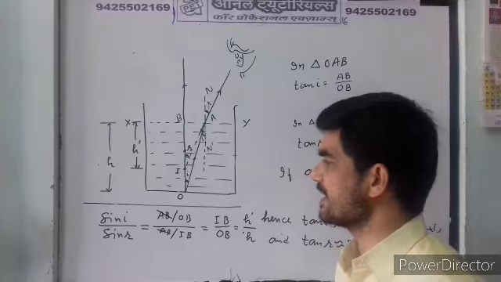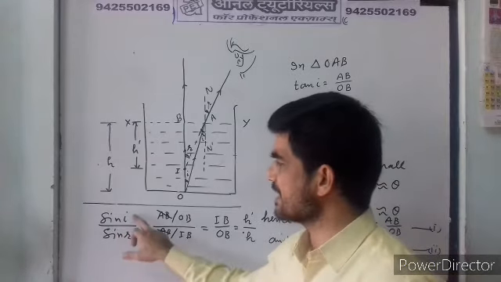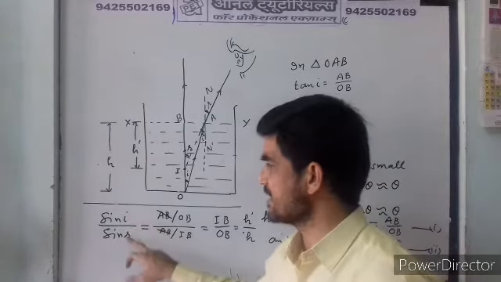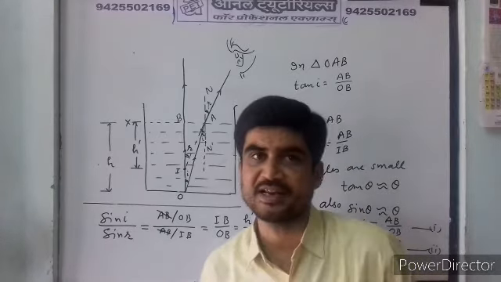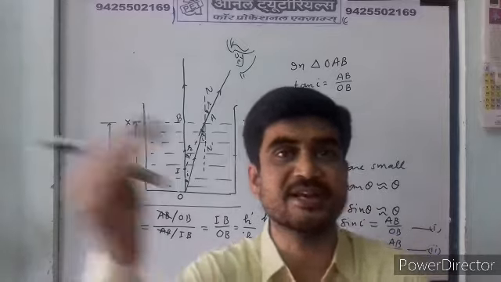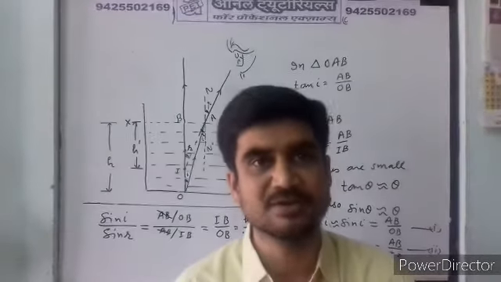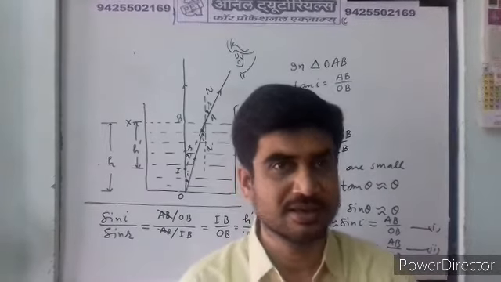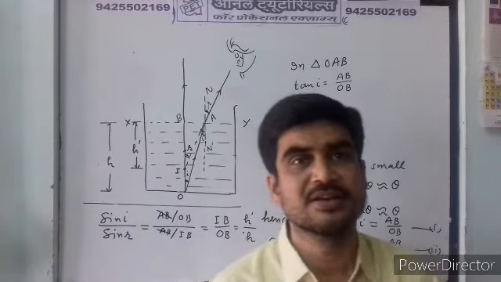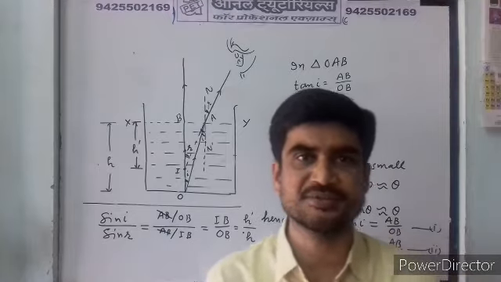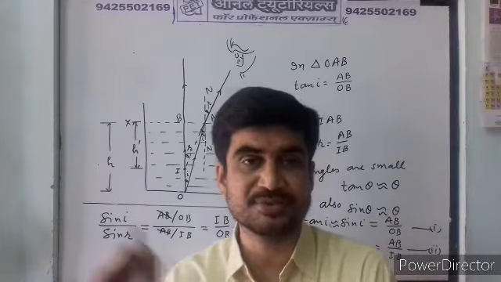Now just see the left hand side. What do we have? Sin I upon sin R. What is it? Sin I upon sin R is the refractive index of the second medium with respect to the first medium. According to the laws of refraction, you know the second law, that is Snell's law. This ratio is equal to the refractive index of the second medium.